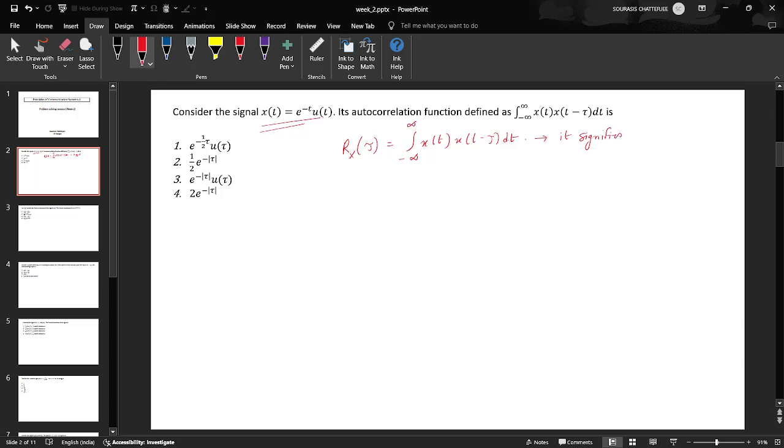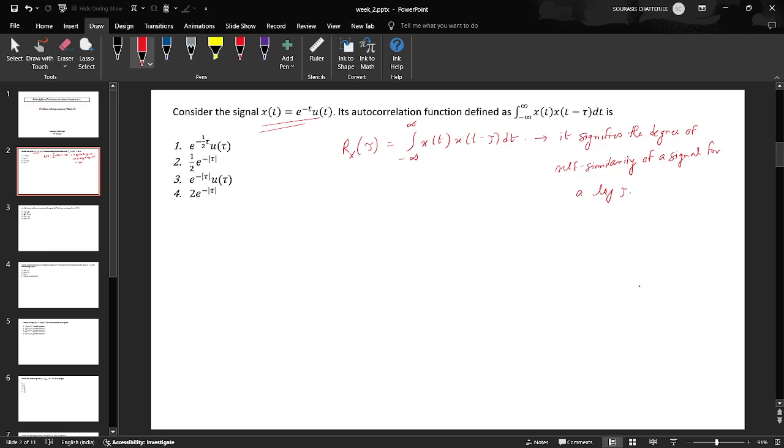It signifies the degree of self similarity of a signal for a lag tau.